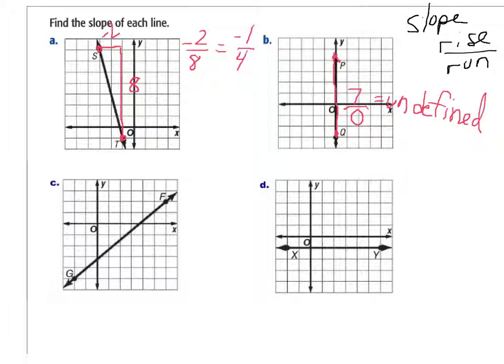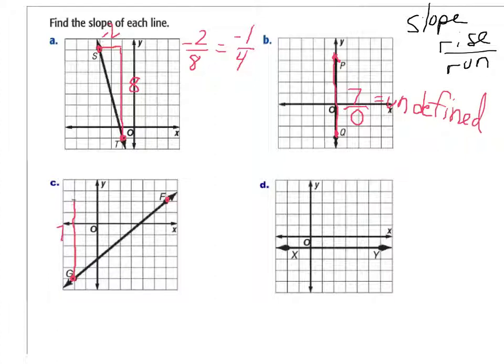Now on to letter C. This line rises from left to right. So when we count, we're going to count from G to F. So I'm going to rise first. So starting at G, I go up 1, 2, 3, 4, 5, 6, 7.